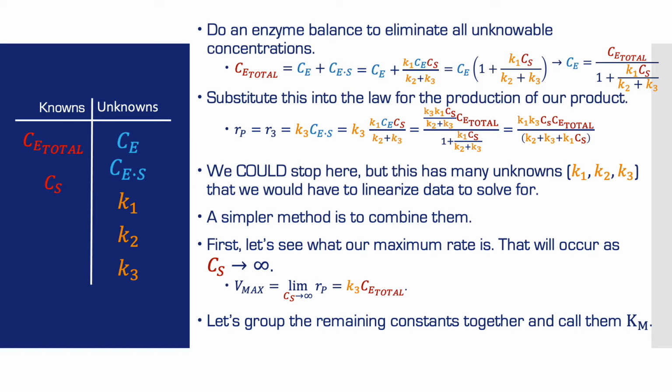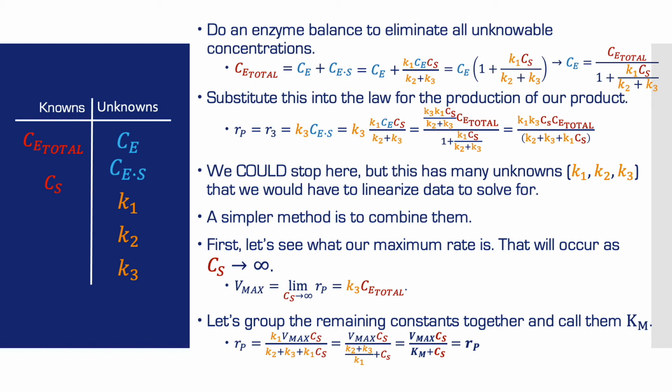Let's group the remaining constants together and call them Km. Rp, which is equal to K1 Vmax Cs over K2 plus K3 plus K1 Cs, following substitution of Vmax in for what was previously K3 Ce total, is also equal to Vmax times Cs over K2 plus K3 over K1 plus Cs after dividing by K1.